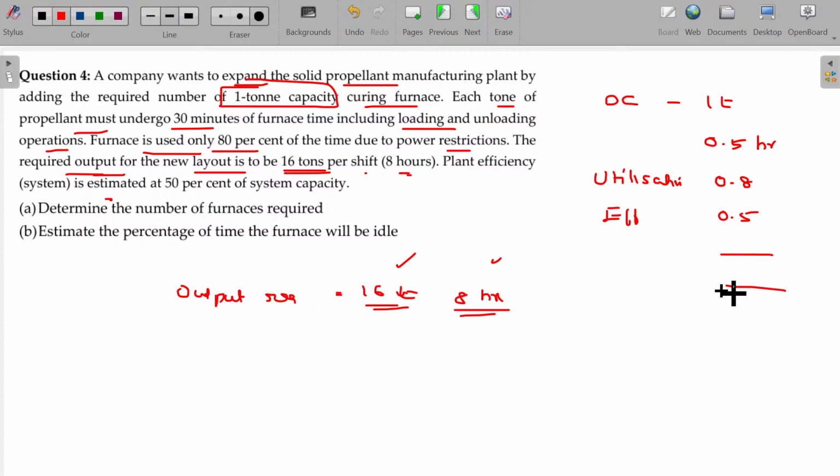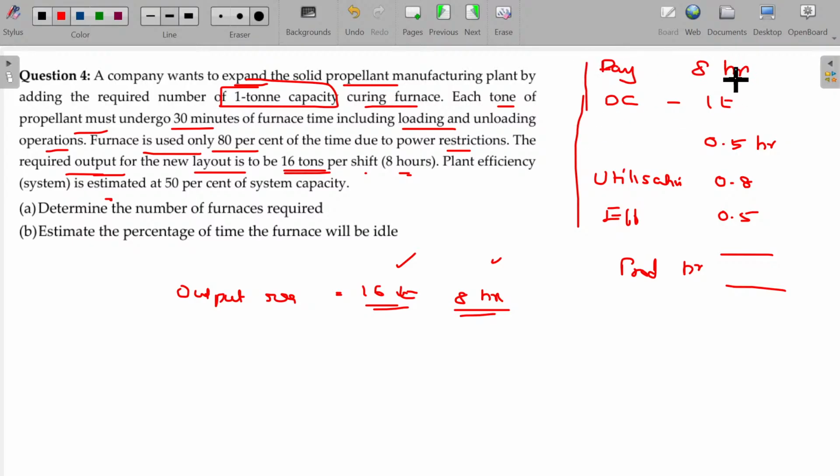Now, what about the productive hours? Productive hour, come on, tell me. You have to multiply all these things to find out the productive hour. A day consists of 8 hours also.